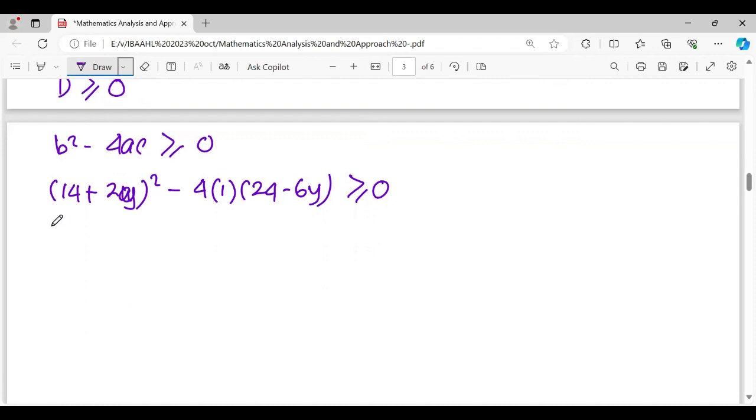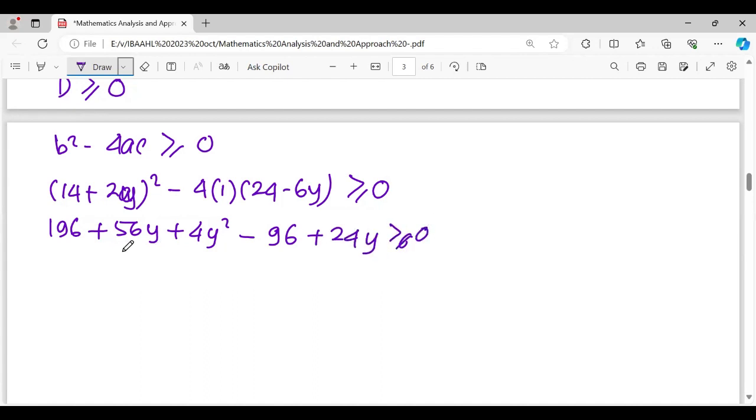So it's going to be 196 plus 56y plus 4y squared minus 96 plus 24y, greater than or equal to 0.